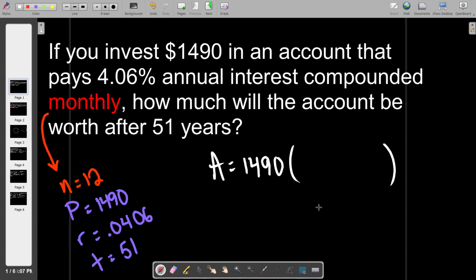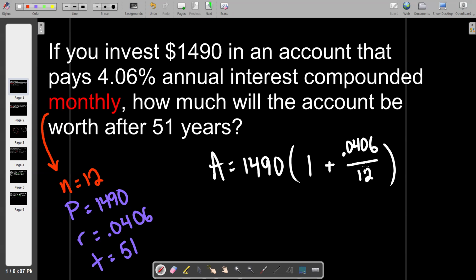We haven't done this in a few days, but in the parentheses, what do we put next? Always 1 plus. Very good. And then what goes on the top of this little baby fraction? 0.0406. Good job. And now what goes in the bottom? 12 does, because in this case, 12 is the n value.